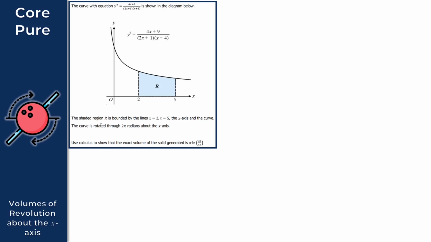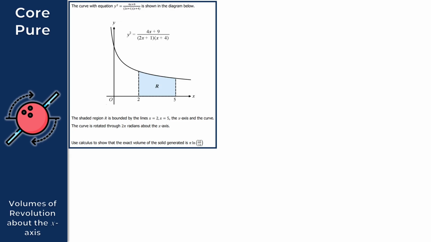We're then told that the shaded region R is bounded by the lines x equals 2, this dotted line here, x equals 5, again this dotted line here, the x-axis, and the curve. We're then told that the curve is rotated through 2 pi radians about the x-axis, and the question asks us to use calculus to show that the exact volume of the solid generated is pi ln 33 over 10.